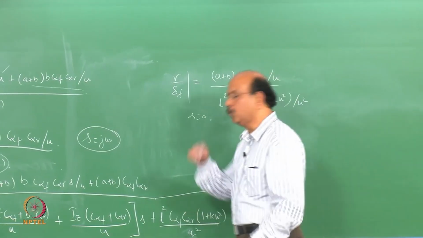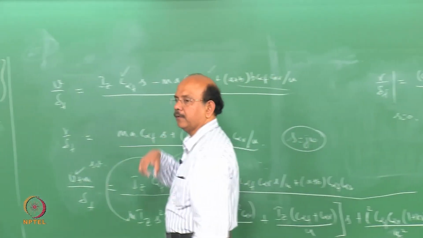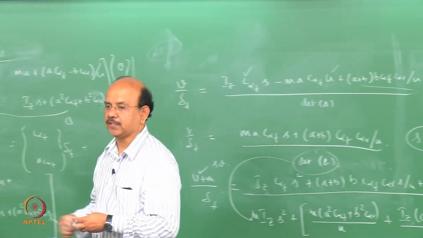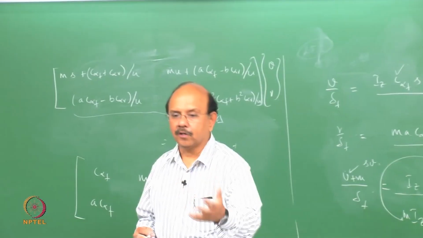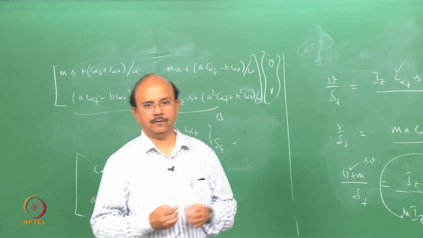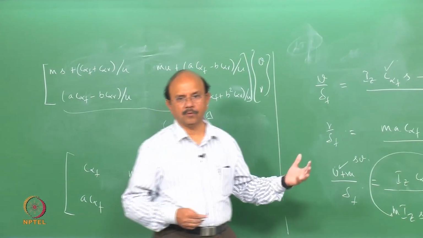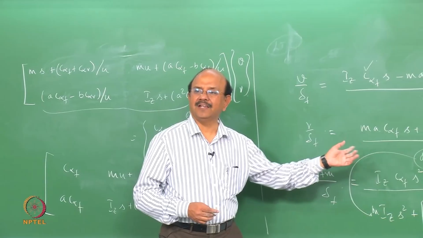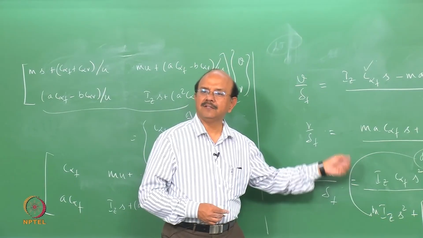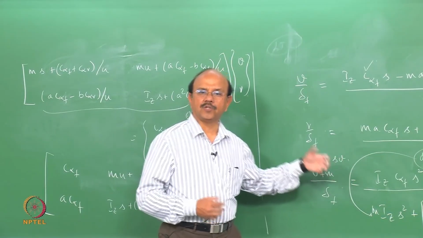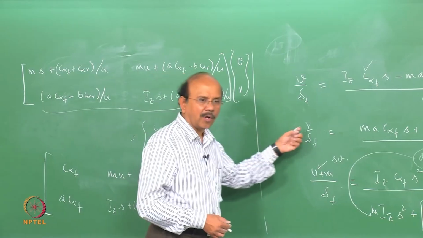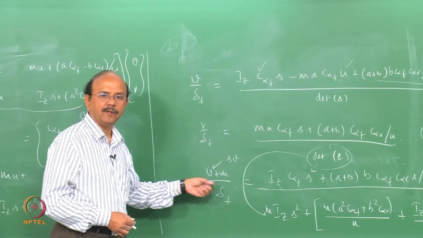So if you want to place sensors in order to control, or you want to look at automotive control, then what is the sensor that you would use? Would you pick up yaw or would you pick up lateral acceleration?